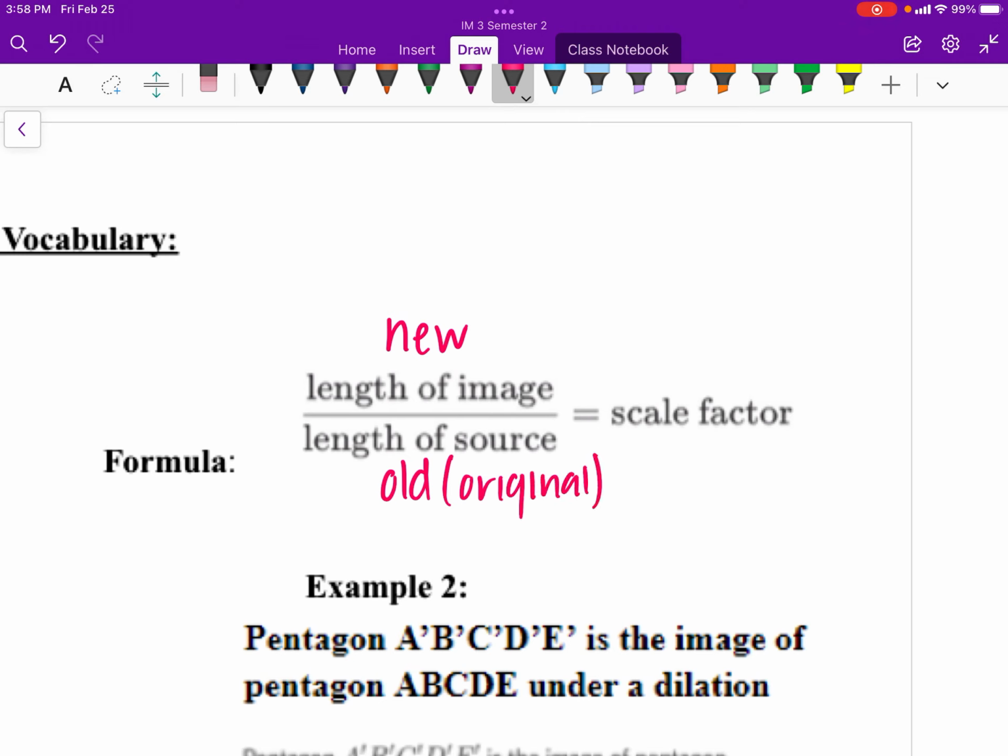Most of the time, if we're talking about, for example, a point, it's going to be A. And the new one is mostly expressed as A prime, not necessarily just A, but it could also be a shape like A prime, B prime, C prime. In this case, the prime goes on top. The regular variable, we want to say letter here, is going to go on the bottom. And scale factor talks about how much it's going to be growing or shrinking. So that's really based on what we're given here.